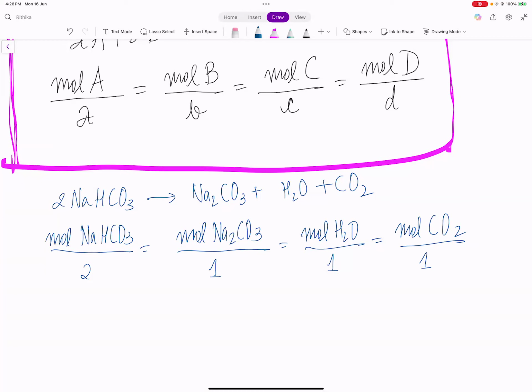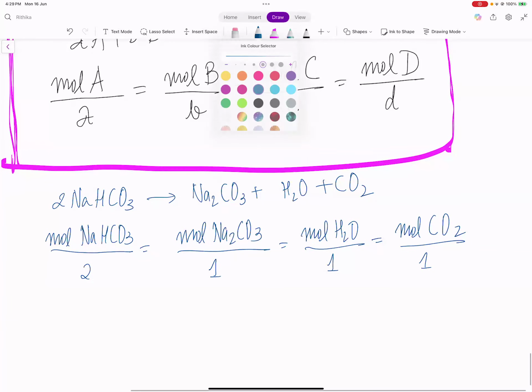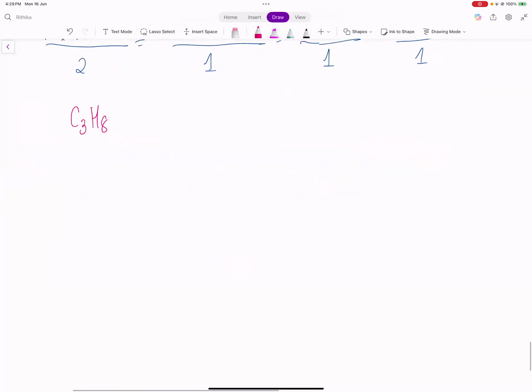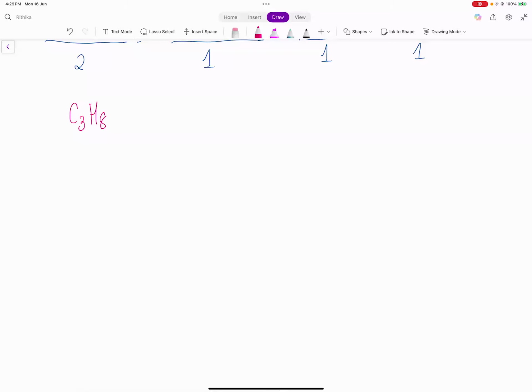So now we'll continue with whatever we were doing. Whenever we have a balanced equation, we can simply write the mole ratio. For example, let us take another example, C3H8 plus 5O2 goes to 3CO2 plus 4H2O.